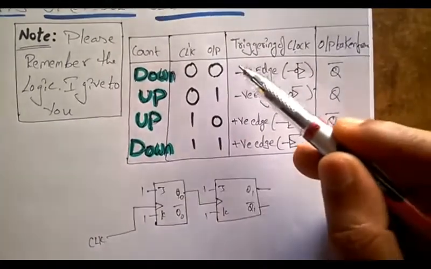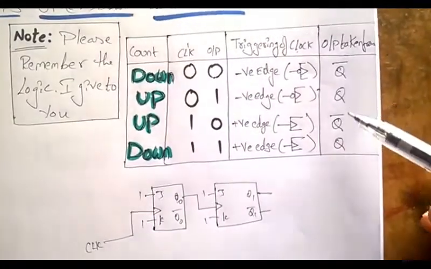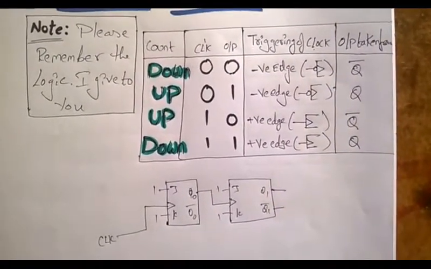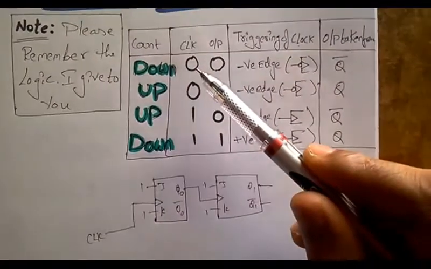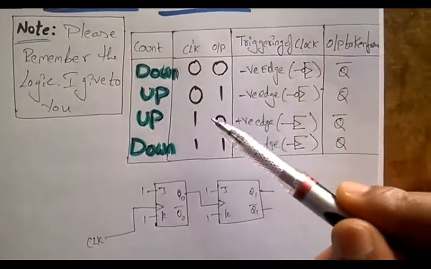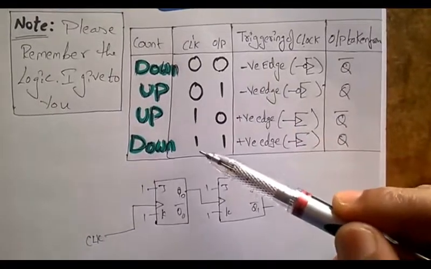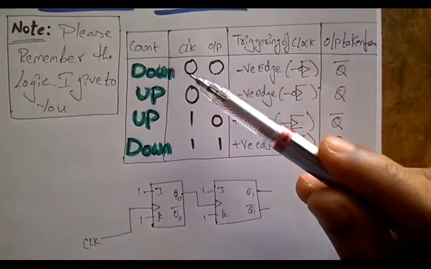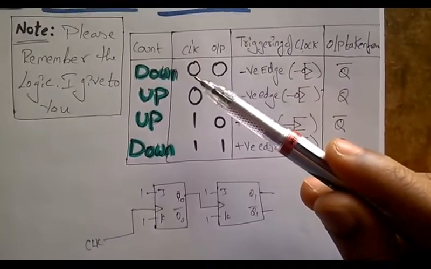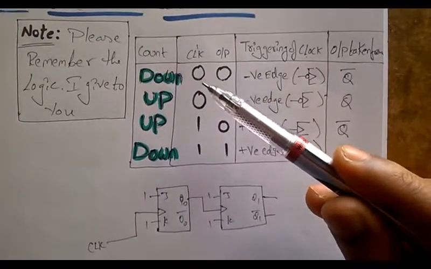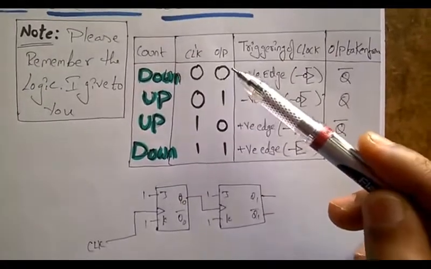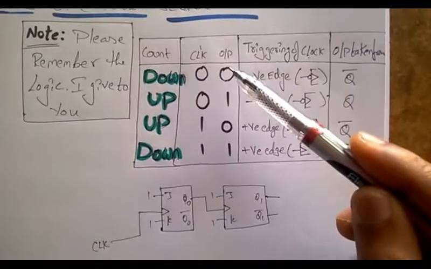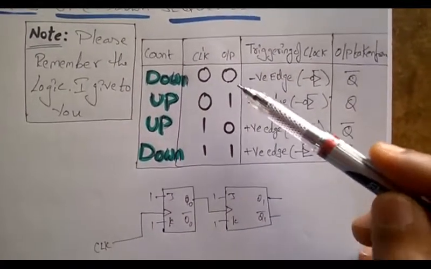You assign the second column to where the output is taken, and you will find it easy to identify the count sequences. See, 0 0, 0 1, 1 0, 1 1. The first column we have taken is triggering. For 0, let us consider negative. In digital logic we consider 0 as negative, right, and 1 as positive. So 0 negative edge, 0 negative edge, 1 positive edge, 1 positive edge, and output 0 1 0 1, right.